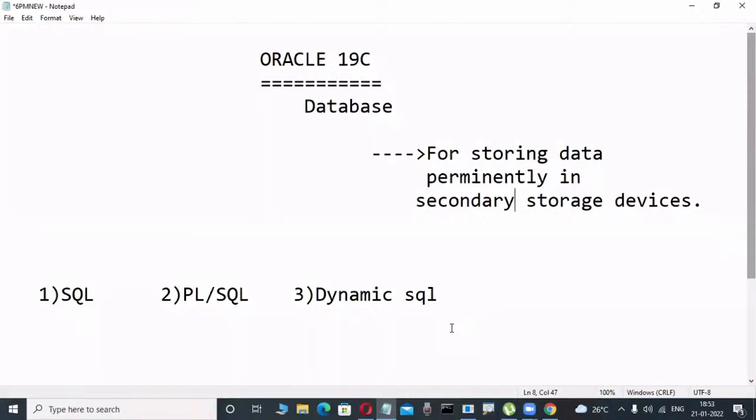ETL developers always need subqueries, joins, materialized views, indexes, partitions, some concepts are required. OLAP features, rank, dense rank, this type of analytical functions, lag and lead analytical functions, some knowledge is required. And PL/SQL stored procedures. Just before 10 a.m., 3 batches are there, because some syllabus is already going on.